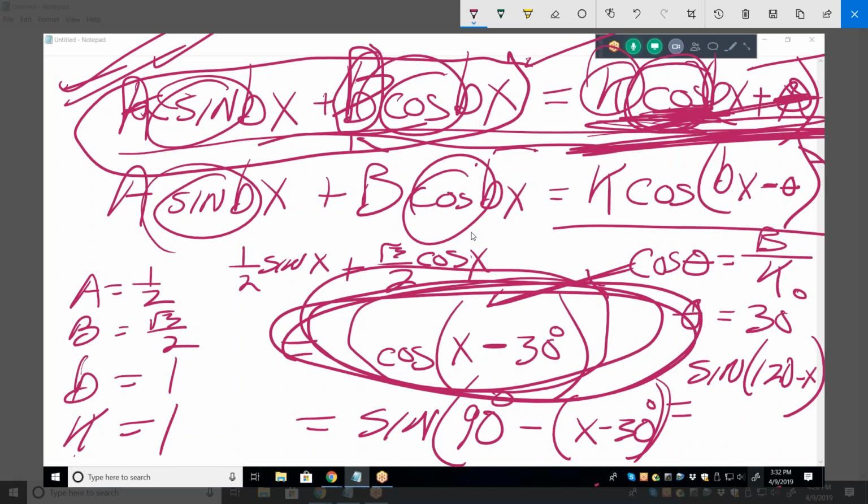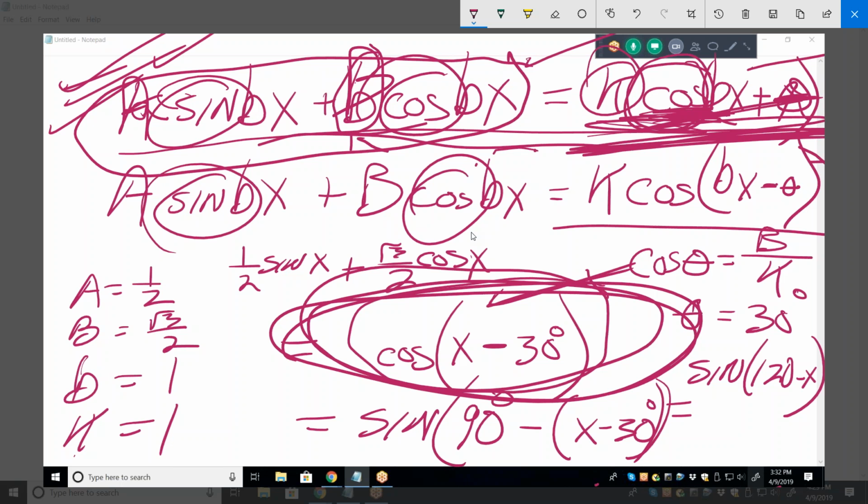Yes, sir. Only because we can figure out what capital A, capital B, little b, and capital K are, and theta. Yes, that's right. I wouldn't worry too much about product to sum and sum to product unless they specifically give you problems about it. This formula is probably derived from sum to product, is my guess.